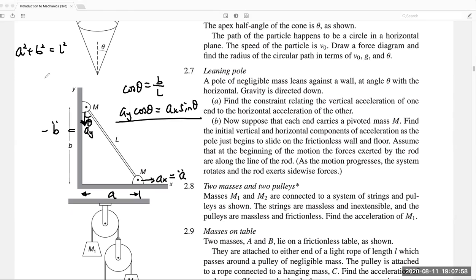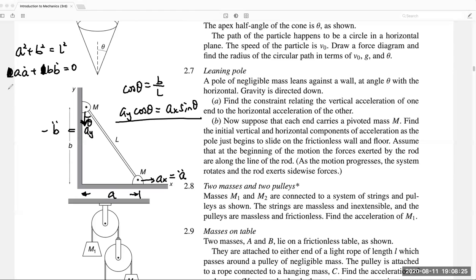So what we can do next, we just differentiate once first. Obviously, we need to differentiate twice to get the A double dot or B double dot. So we need to differentiate once more. But first of all, we can cancel out the 2.